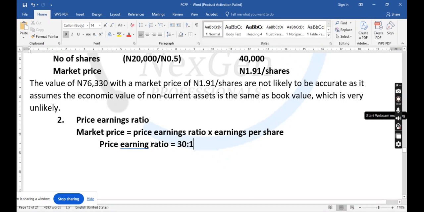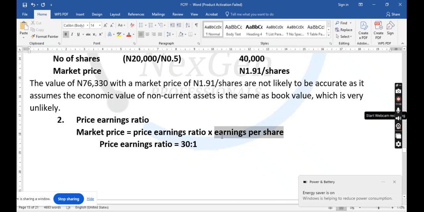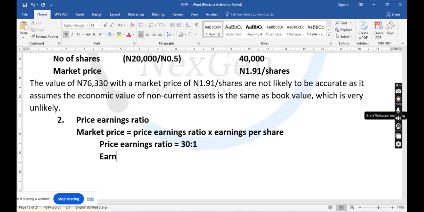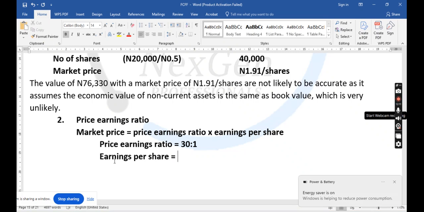So now the next thing we need to look for is the earnings per share. And what is the formula for calculating earnings per share? Earnings per share is equal to profit after tax, minus preference dividend if it is given, divided by the number of shares. I will remove it in my report.